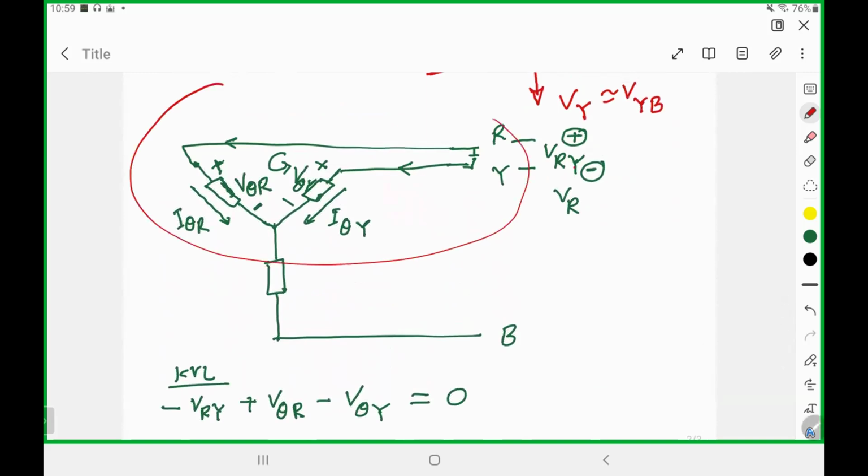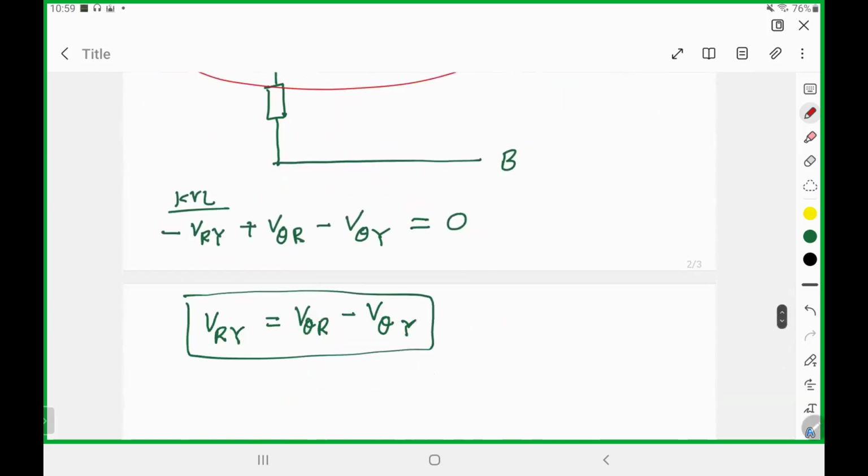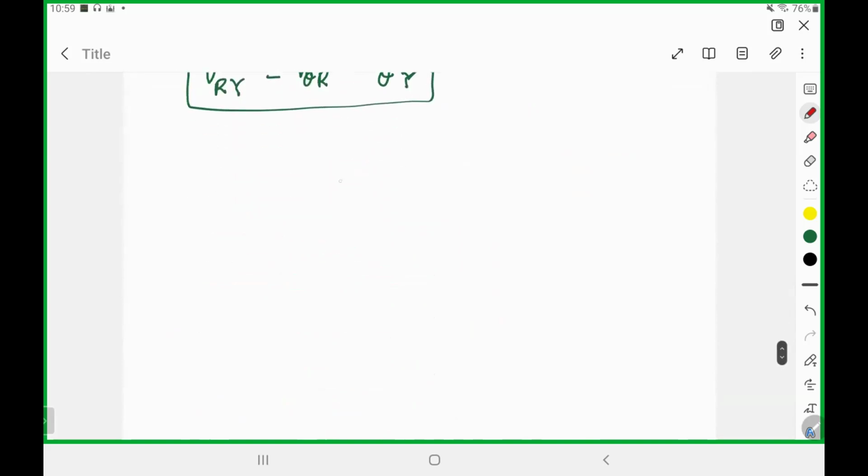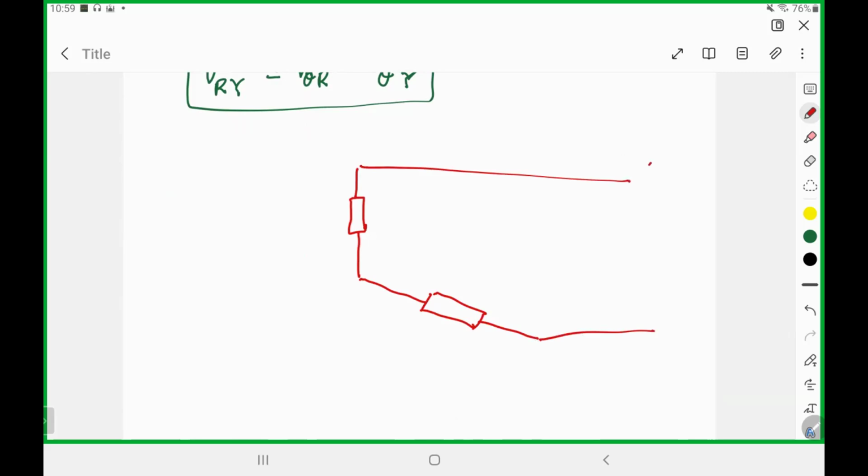So if I redraw this one, then it will look like this: this is my R phase, and then I can draw in the other way. So this is my Y, and then we can extend this one. So this is my R and this is my Y, and this voltage we are considering VRY or VR.